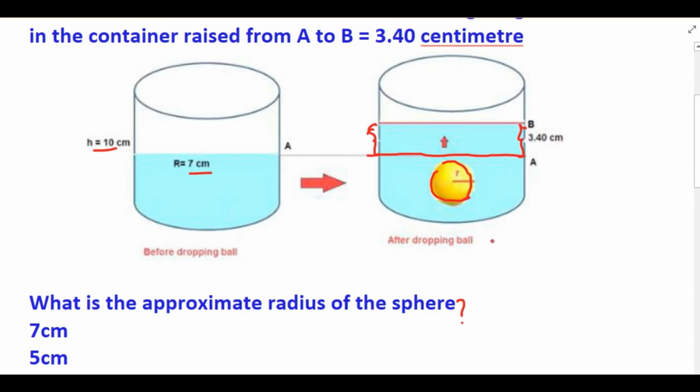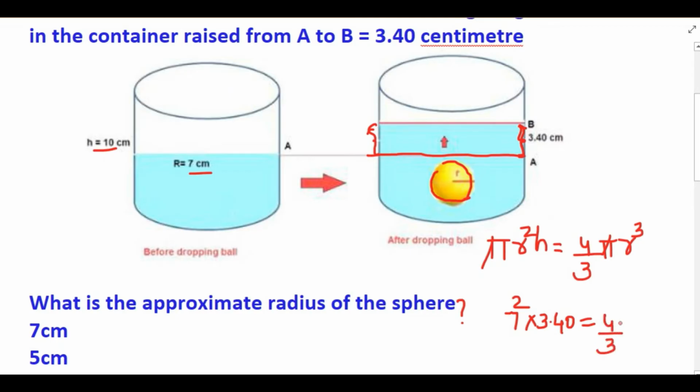So volume of cylinder I know as pi r square h, and volume of sphere is 4 by 3 pi r cube. So pi and pi you can cancel, and the radius of the cylinder is 7 centimeter. So 7 square, height we can take as 3.40, because the water level from the point A to B, the height is 3.40.